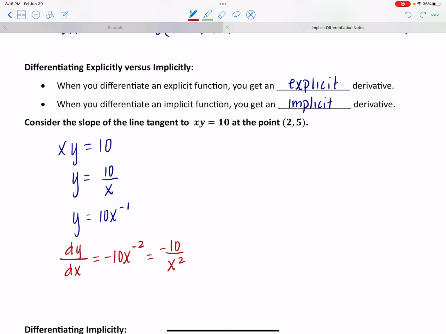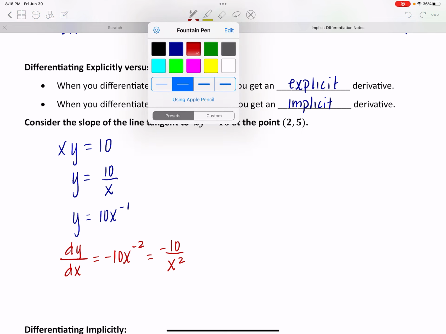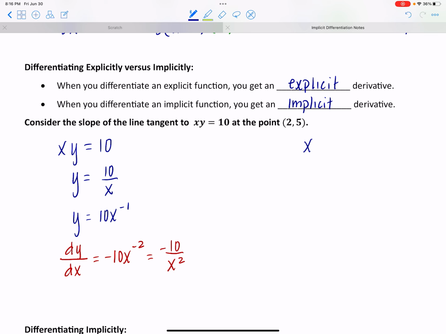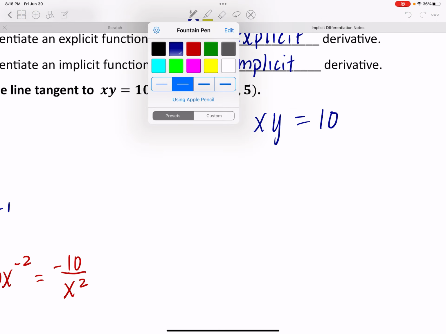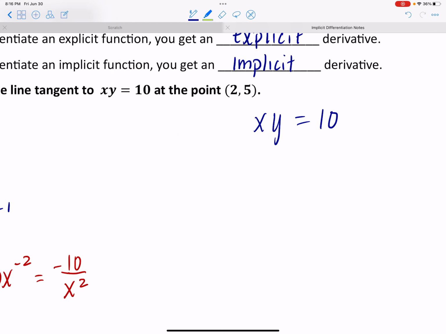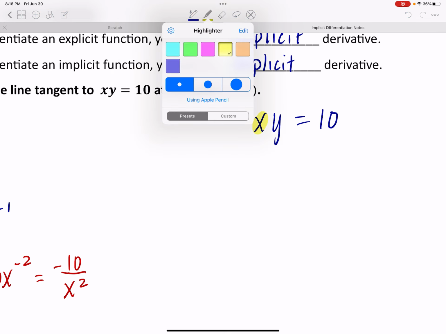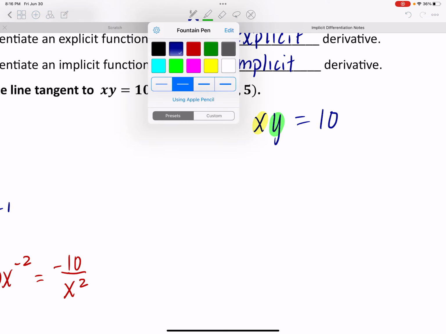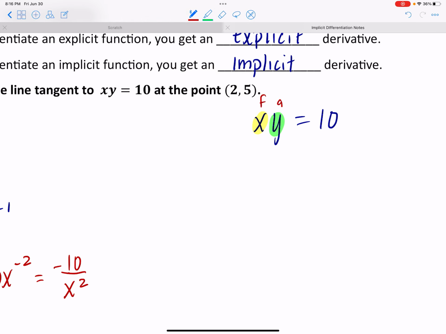Now, if we wanted to not rearrange our function, just differentiate it the way it is, then we would have to do so implicitly. So if I wanted to take the xy equals 10 as is and take my derivative, then this would be a product rule problem, where this would be one function multiplied by a second function. So I'm going to call this f and g here. And I know that I'm going to be using my product rule, which is f prime g plus f g prime.